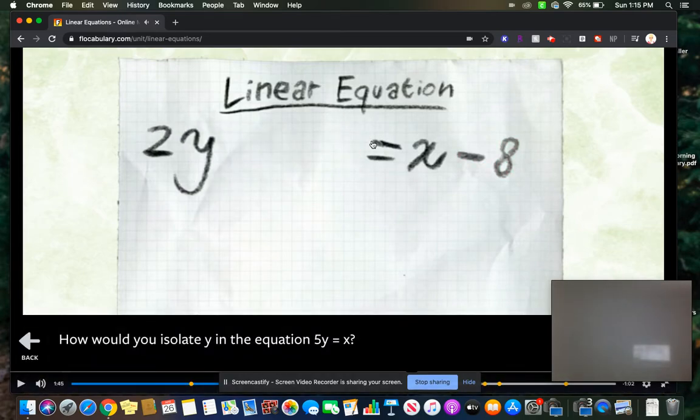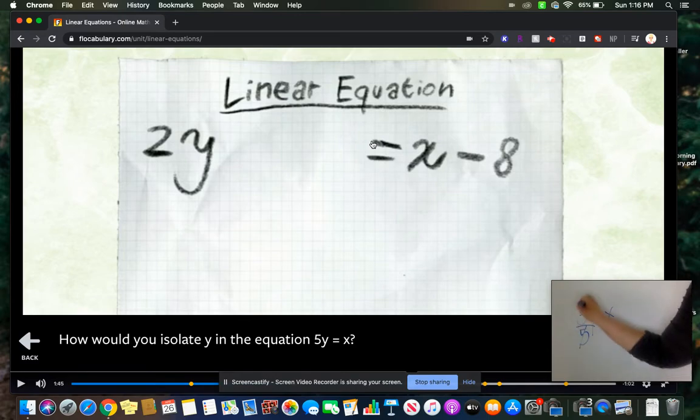All right, how would you isolate y in the equation 5y equals x? So here we have 5y equals x. Now, if this is multiplication on this side, we're going to have to divide in order to cancel it out. So we're going to divide by 5 on this side, which cancels out the 5, and you're left with y, which is exactly what we want.